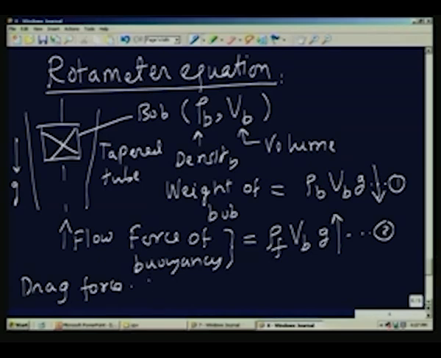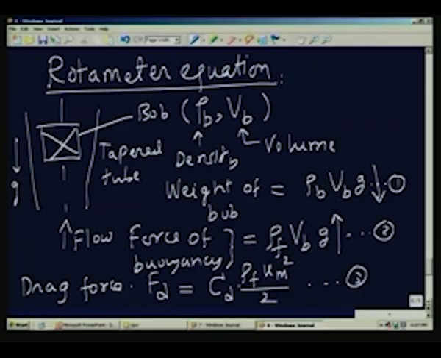This drag force, Fd, is equal to some coefficient Cd times the kinetic energy of the fluid, which is given by density into um squared by 2, all for unit volume. That is what we have done. So, this force is also in the upward direction.